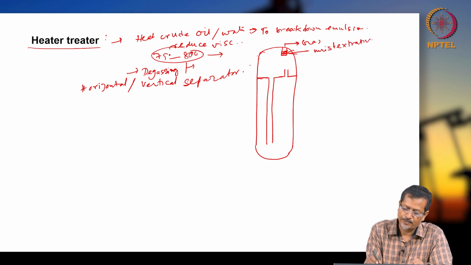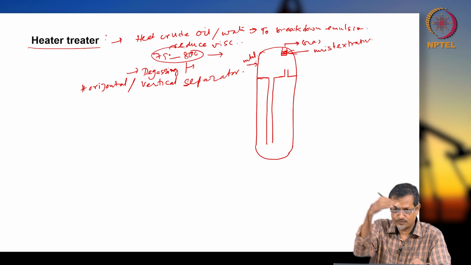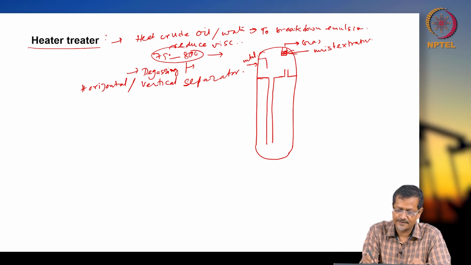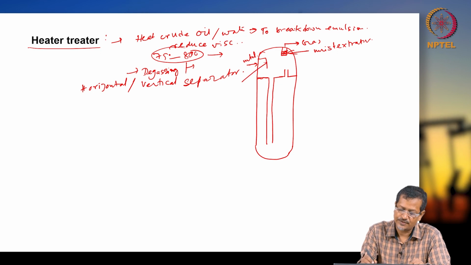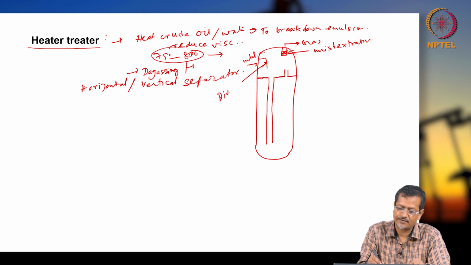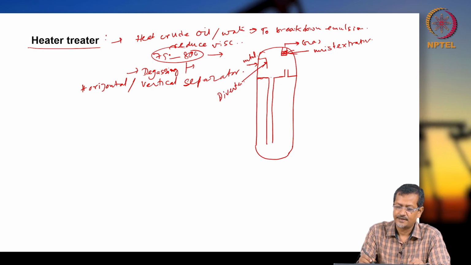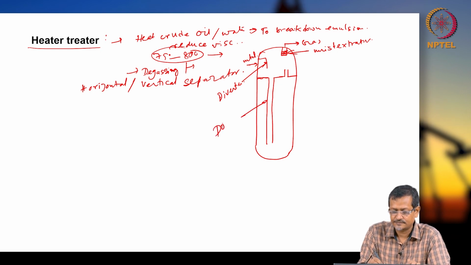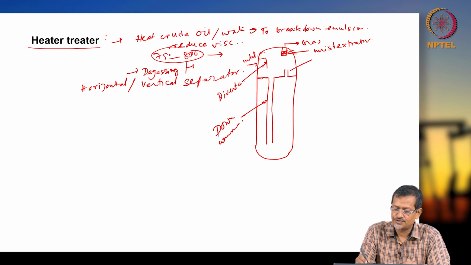And there will be an inlet port, and the inlet will be passing through a diverter, right? The inlet diverter will be there. And this is called the downcomer, and this is the chimney.